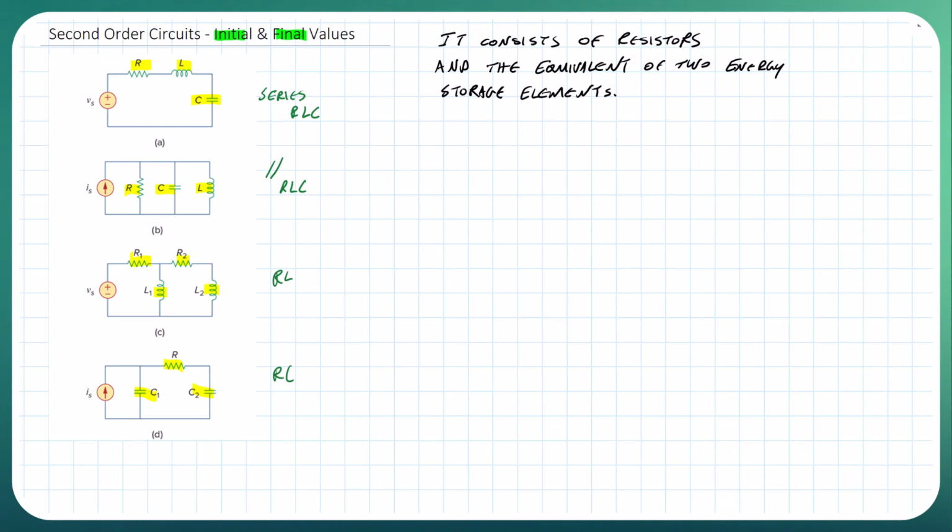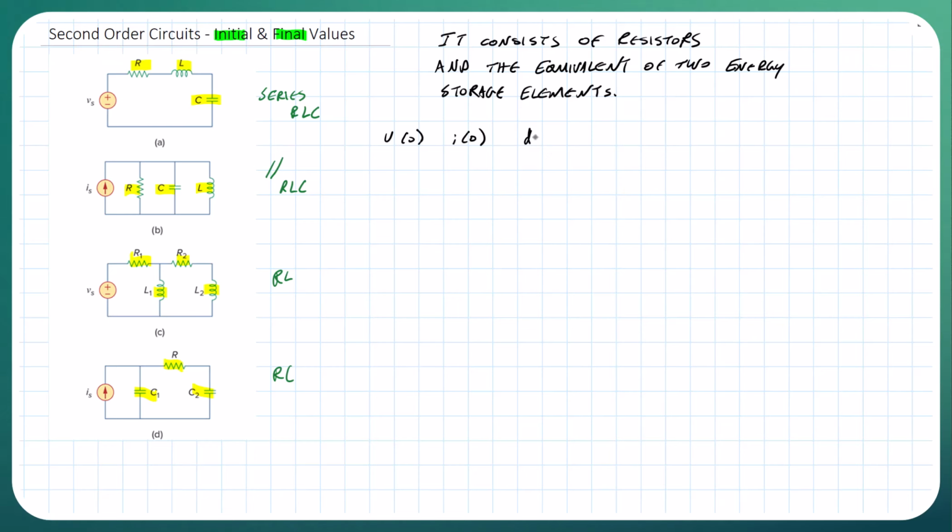In addition to finding V at time 0 and current at time 0, where we've used V for the capacitor voltage and I for the inductor current and will continue to do that in this chapter, we also want to look at the derivative of the voltage and the derivative of the current. So we want to look at the initial and final values of the voltage at 0 and the current at time 0.